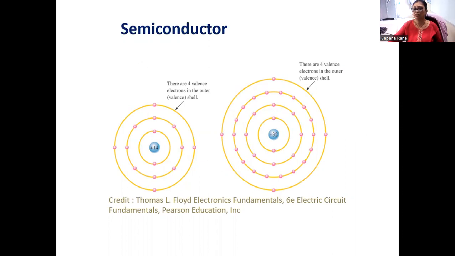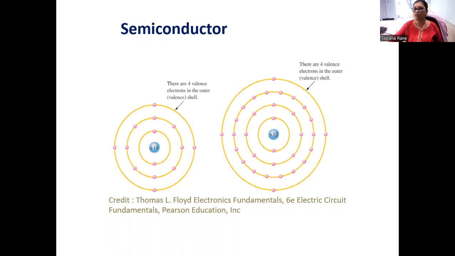Basically, materials can be divided into 3 categories, namely conductors, semiconductors, and insulators. Conductors are the materials which can conduct electricity very easily through them. Examples: gold, silver, aluminum, etc. Almost all metals are good conductors of electricity.